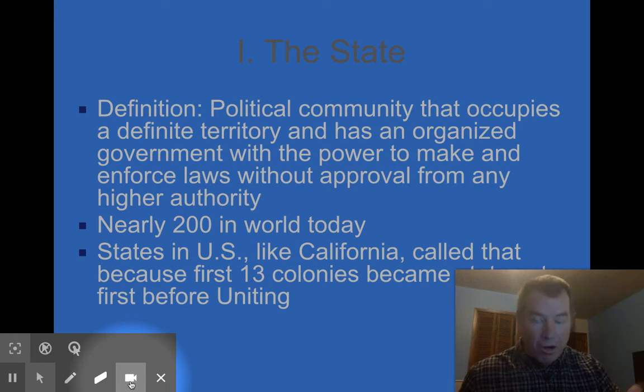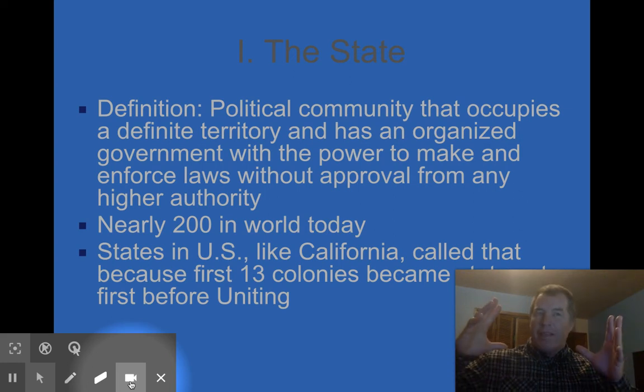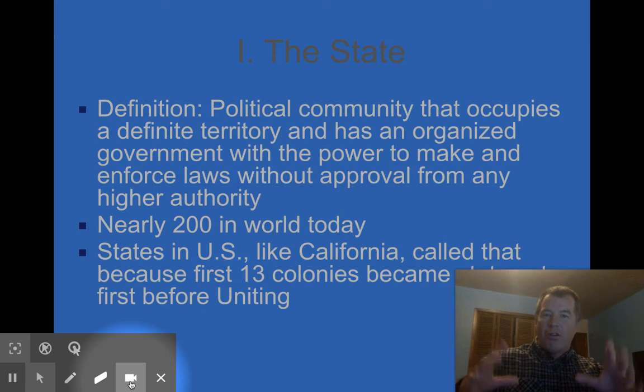So the colony of New York, the colony of Virginia, the colony of, name a colony, Massachusetts, South Carolina, those colonies wanted independence and they wanted to control their own destiny. And so they thought of themselves as a state, as a unique individual state that is no longer under the control of the British.